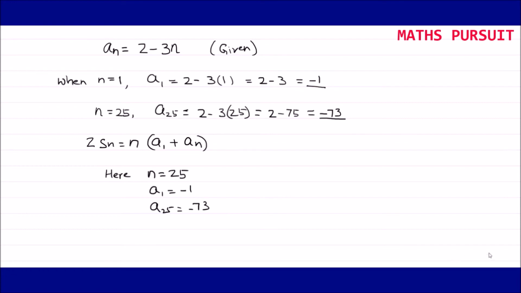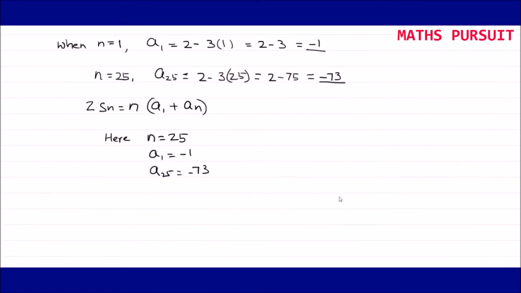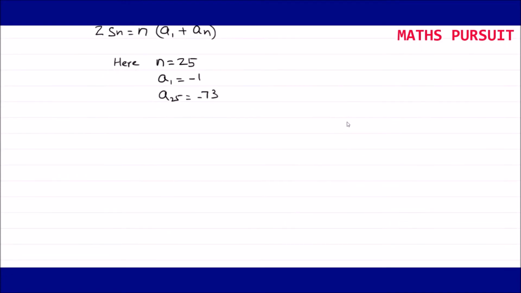Taking these things into account, let us solve the equation 2Sn = n(a1 + an). Instead of n, I am going to replace it with 25.